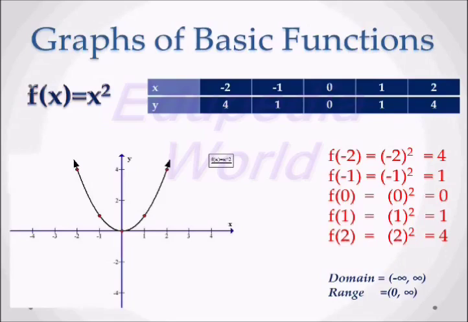When we square a real number, the result will be always a positive real number. Therefore, the output f of x will be always positive, making the range from 0 to infinity. This is pretty much clear from the graph. The graph exists in first and second quadrant only.